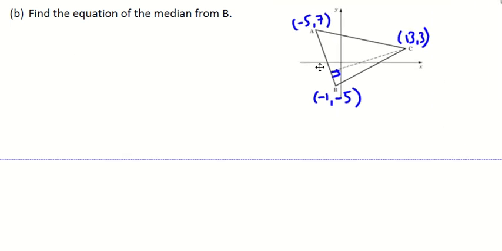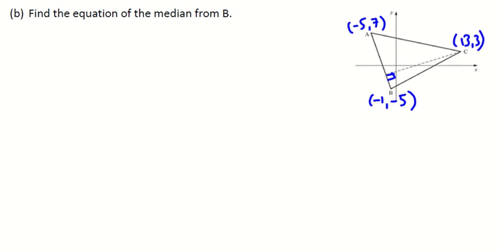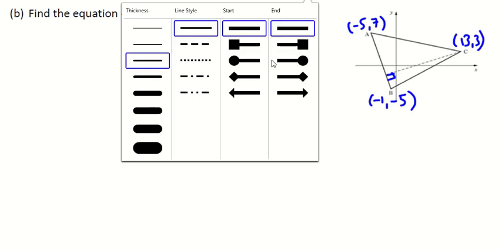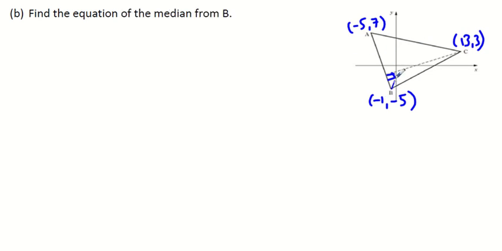Okay, so I'm trying to find the equation of the median from B. So median, middle, from B, I'm going to draw a line from B coming to about here, and I'll call that M for the midpoint of AC, and that's the median from B. If I want a median, I have 3 bits of working to do.